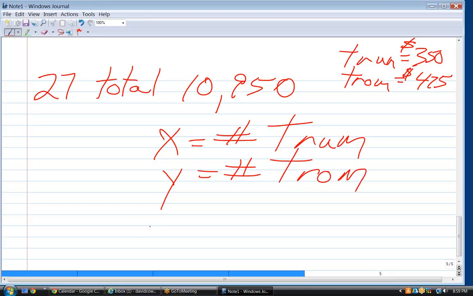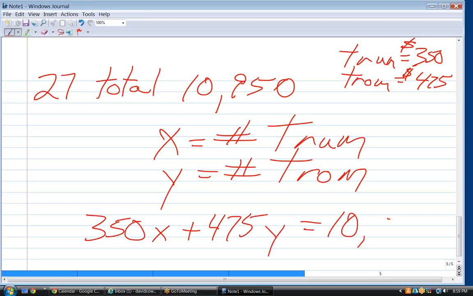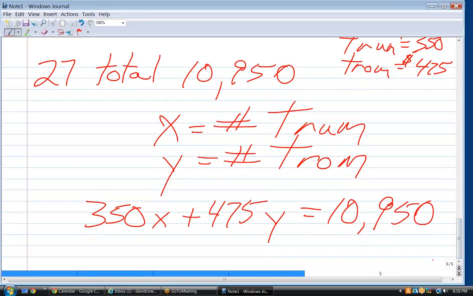Because you're taking the trombones and the trumpets, so it'll be 350x plus 475y equals $10,950. What's the second equation? Let's see, there are 27 instruments, so we can say x plus y equals 27.